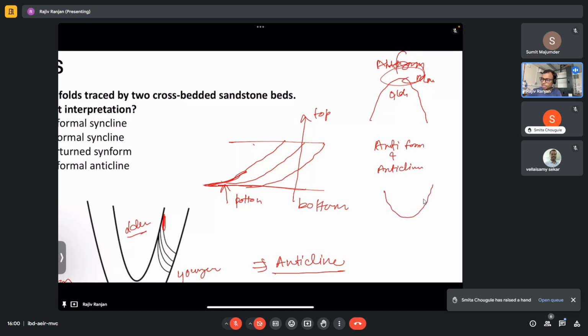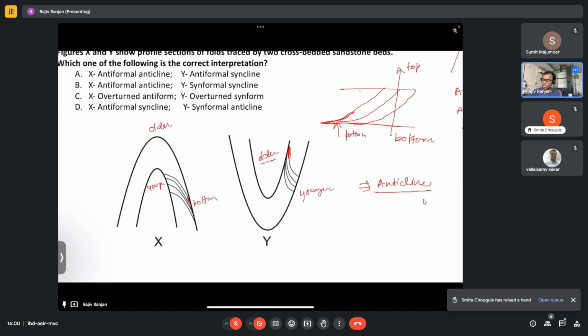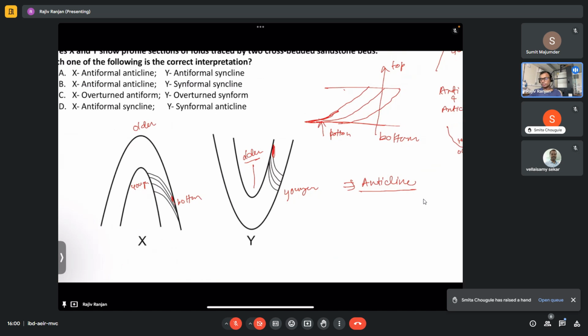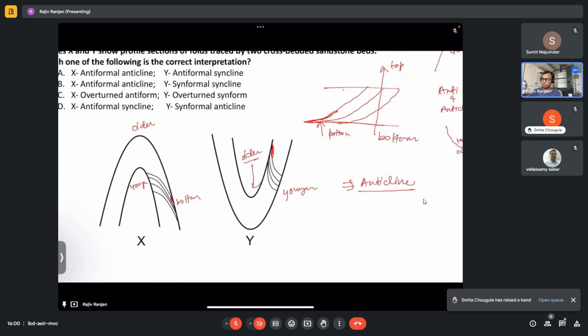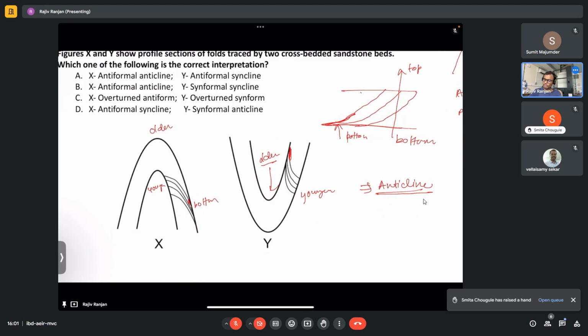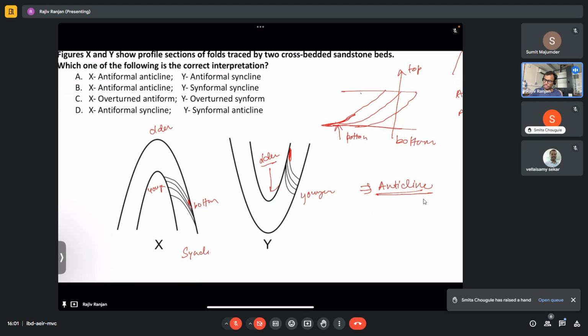Now, in the normal synform scenario, here it becomes younger in the core, and outside it is older, so this becomes a syncline. But here, if you see, it's just opposite, right? So just think very simply. If you have older in the core, anticline. So Y is anticline, and X is syncline.